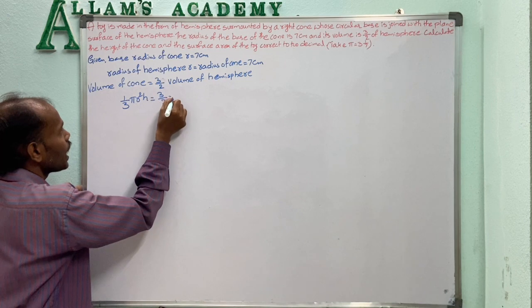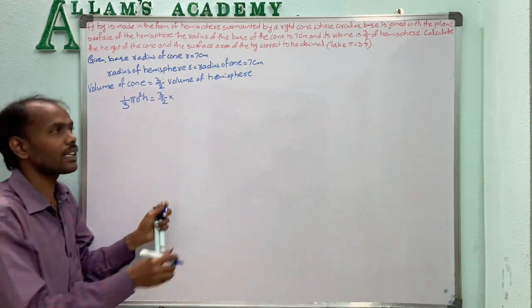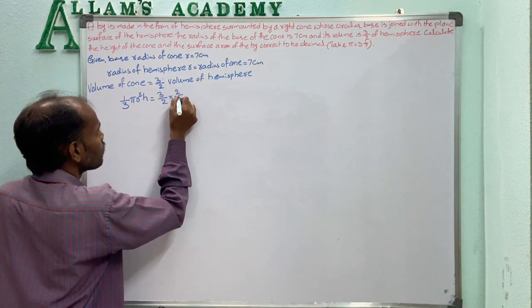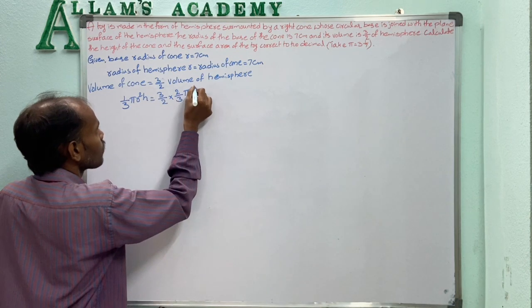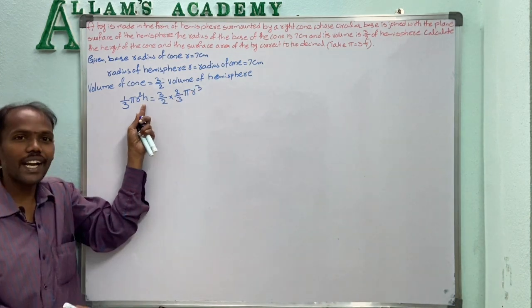The volume of the hemisphere is 2 by 3 pi r cube. So here we have to find the h value.